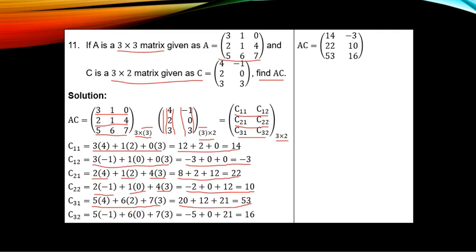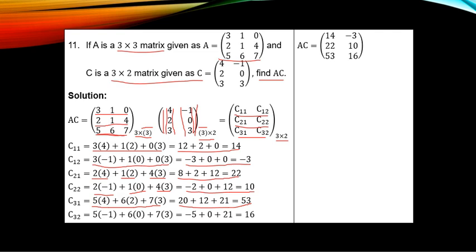That is 53. To get the second element in the third row, that is C33, you use the same third row to multiply the second column.